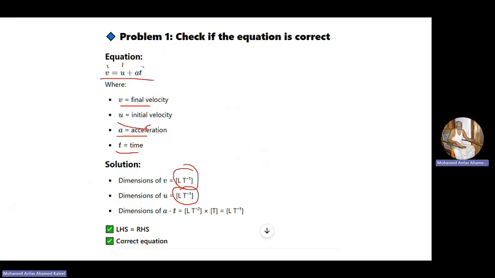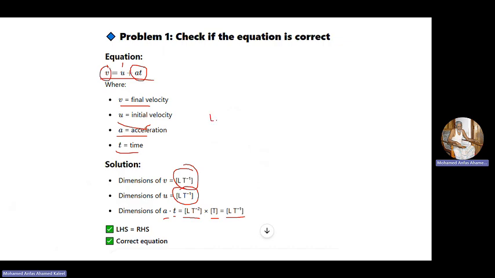So these two terms' dimensions are okay. Now we have to check the dimension of a into t. The acceleration's dimension is LT minus 1 over T, that is LT minus 2. The dimension of time is capital T. So the dimension of at is LT minus 1.